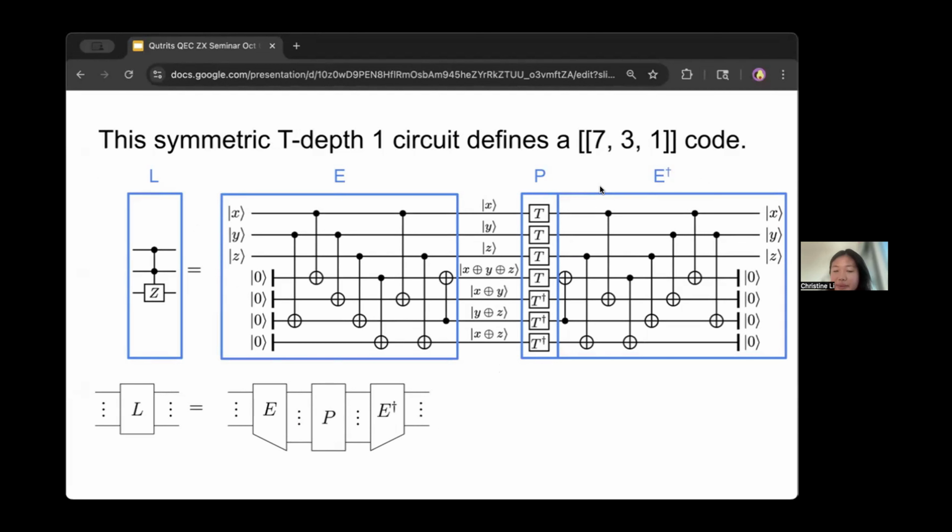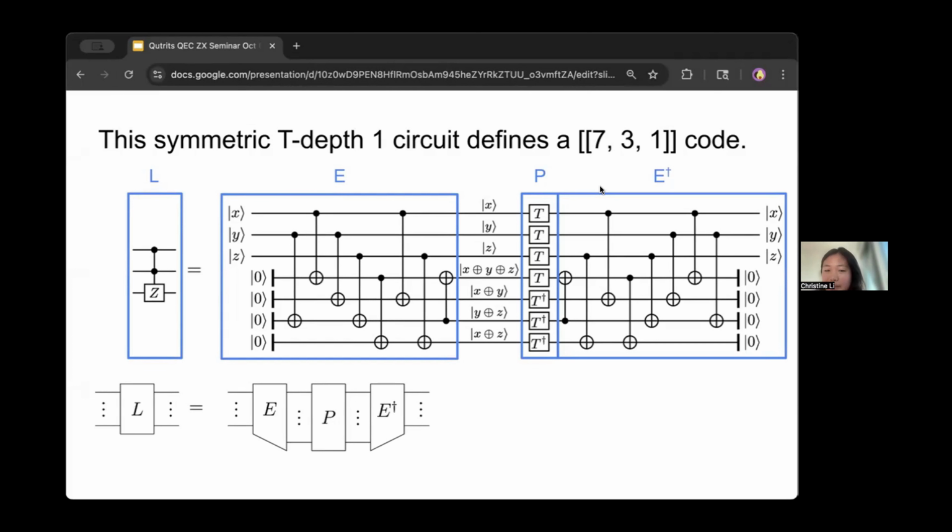In particular, we want a circuit that has a CNOT-like inner portion, right? That's because there's this idea of looking at the first half as an encoder, and the other half of the symmetry as an ideal decoder.